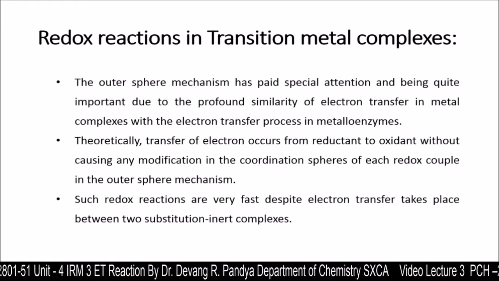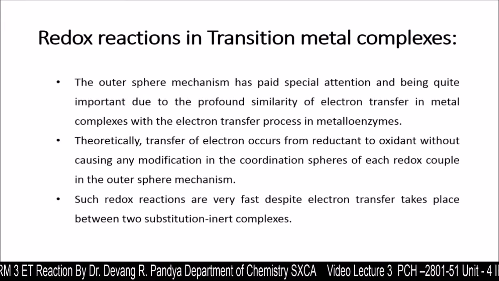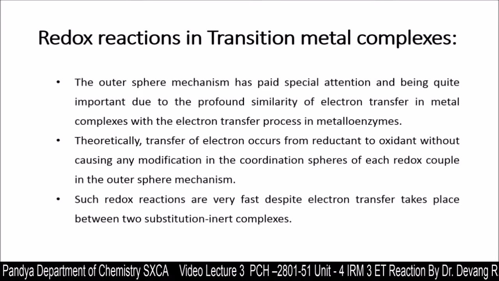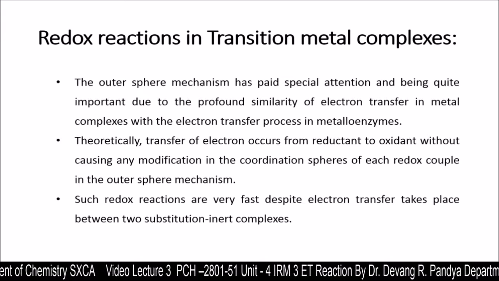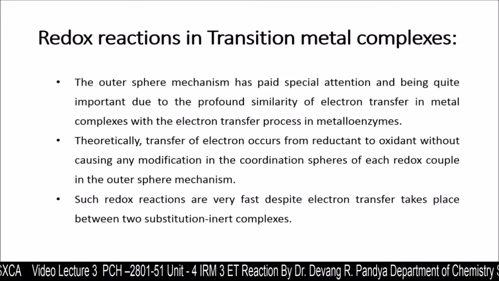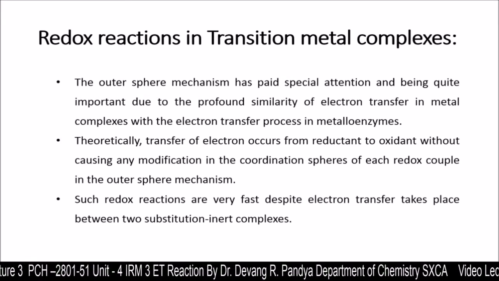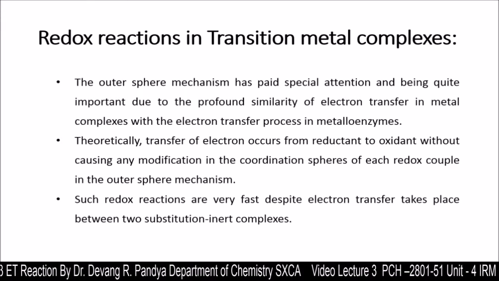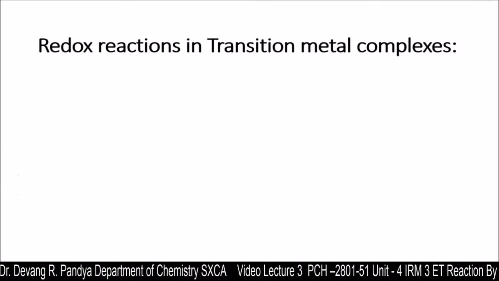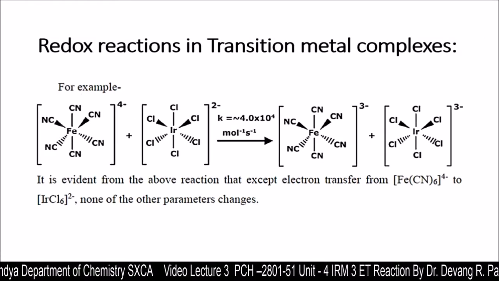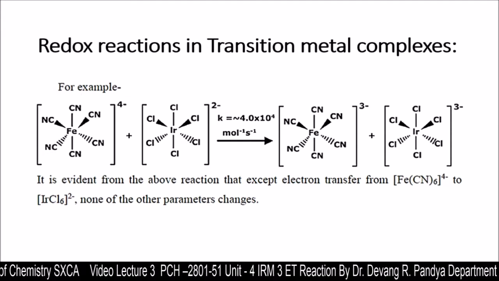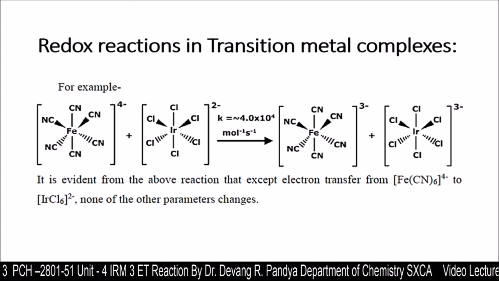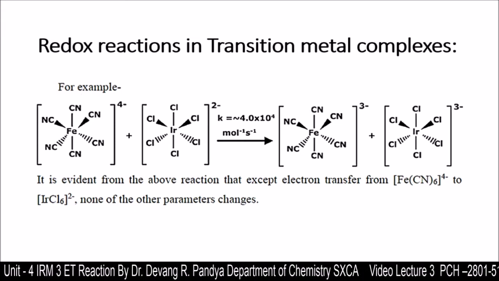I could say that the electron transfer is faster, that means the velocity of the electron is larger than the ligand's velocity, and both the complexes involved in this kind of outer sphere ET reaction mechanism should be inert enough so that ligand substitution cannot take place before the electron transfer does. Here is an example. You can see an iron cyanide complex with octahedral geometry, and an iridium chloride complex as well.